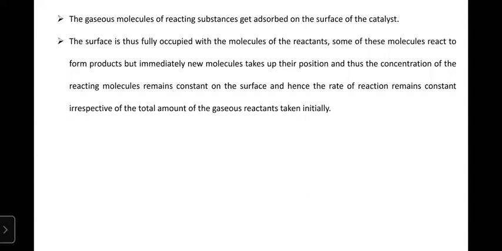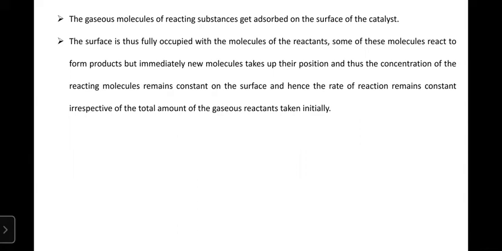Some of these molecules react to form product, but immediately new molecules take up their position, and thus the concentration of the reacting molecules remains constant with respect to the surface of the catalyst. The molecules come and react to convert into product.